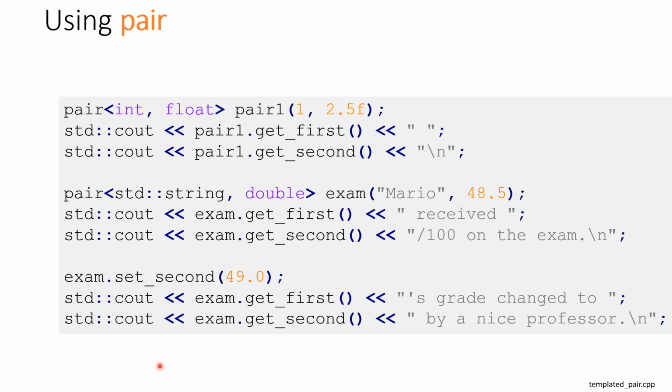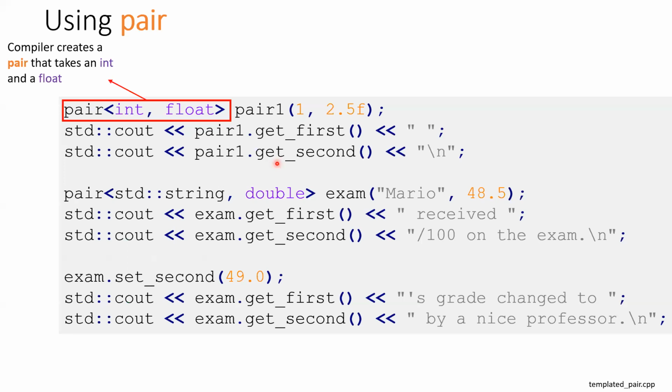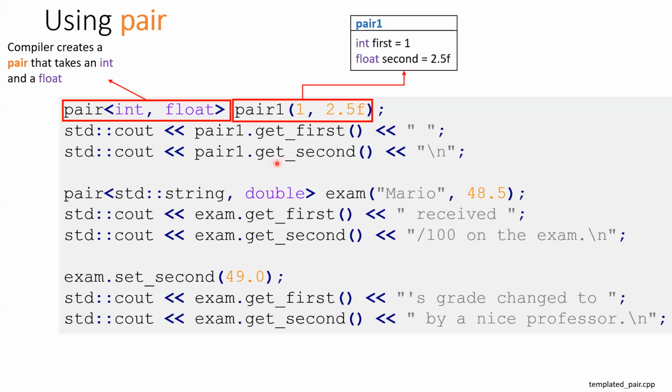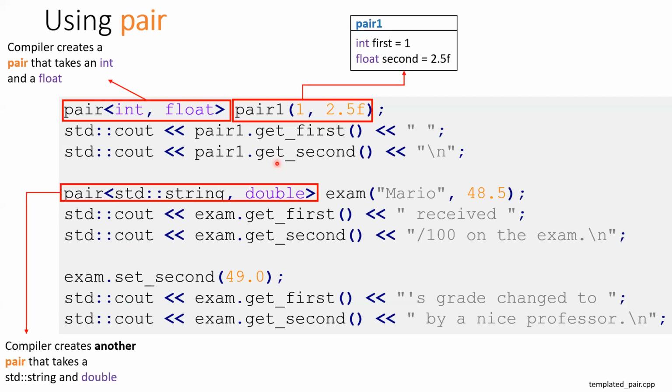And to use it, you declare a pair with type int and float. And in the constructor, you pass int and float values. And you can use the getters to get them. And this one creates another pair that takes a string and a double.